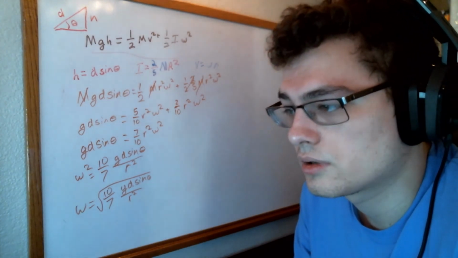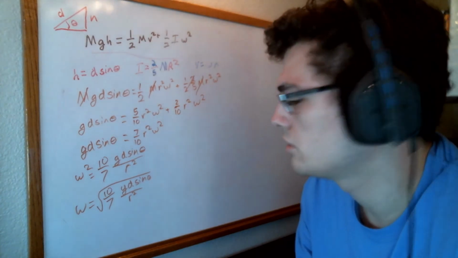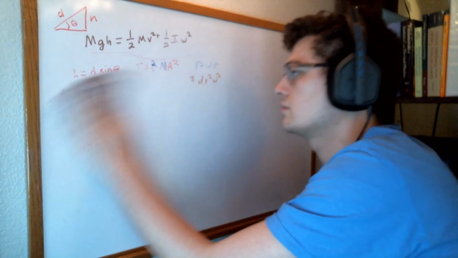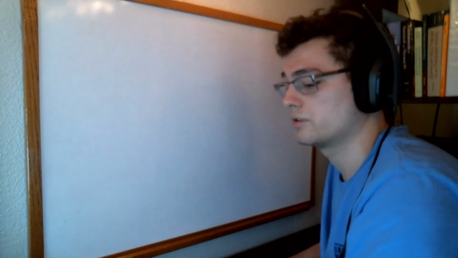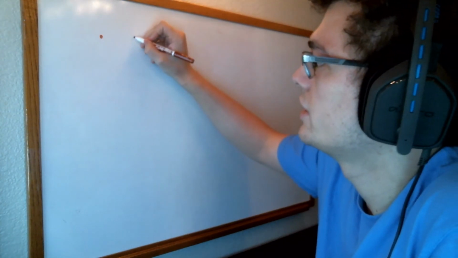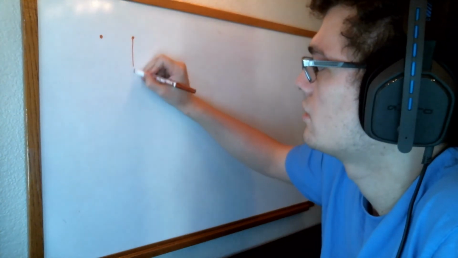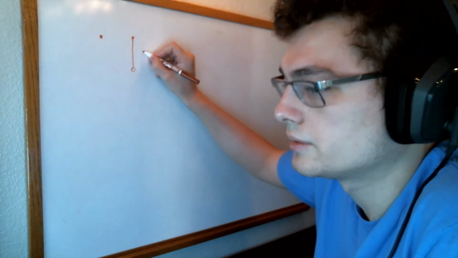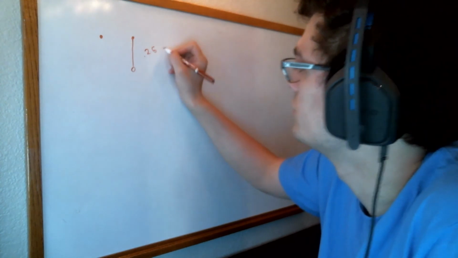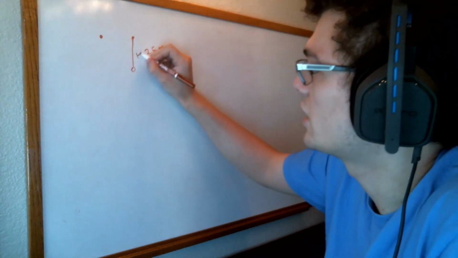So we can start to draw this one out, given that it moves translationally. It starts from here, and then at this point, it has extended 0.25 meters, or this height h.